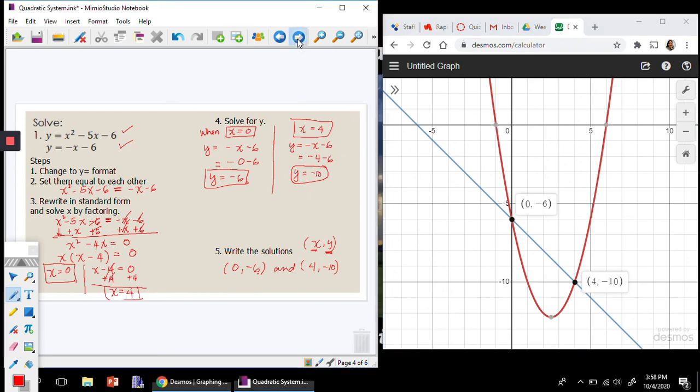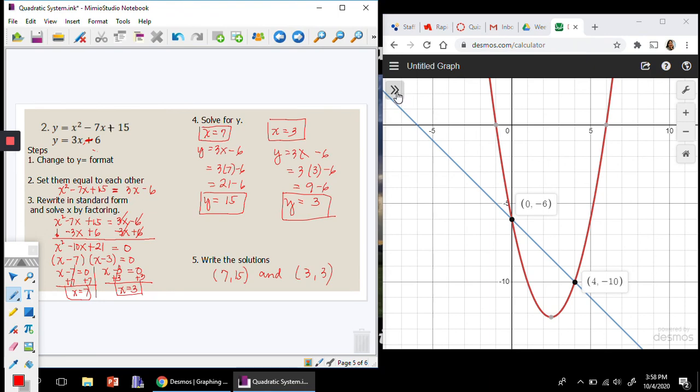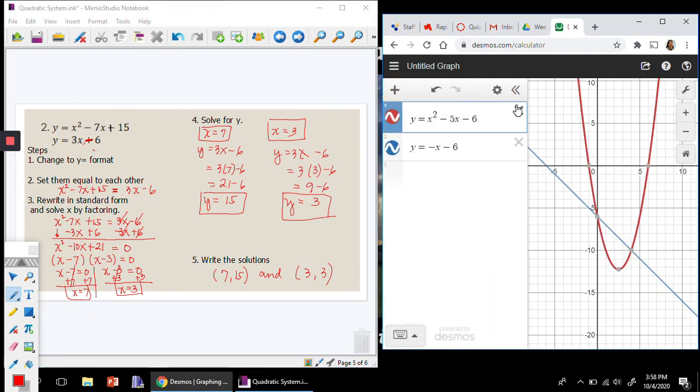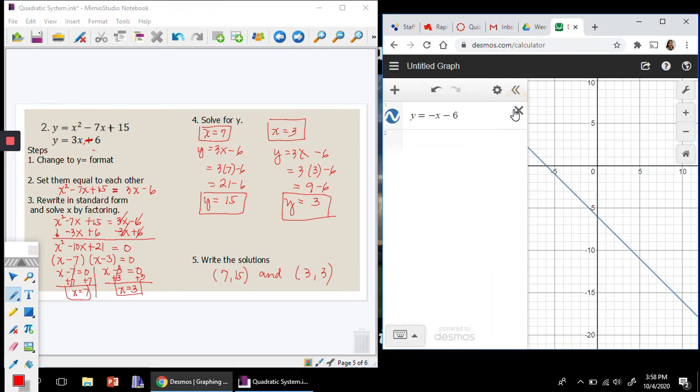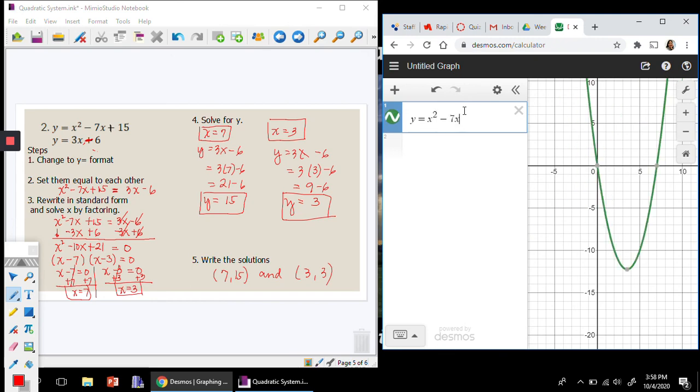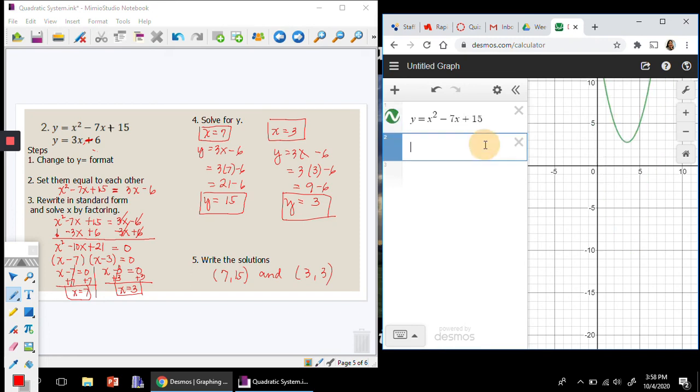Okay, another one, let us try the other one. So we have y equals x squared minus 7x plus 15. So we have this, and the other one is y equals 3x minus 6.